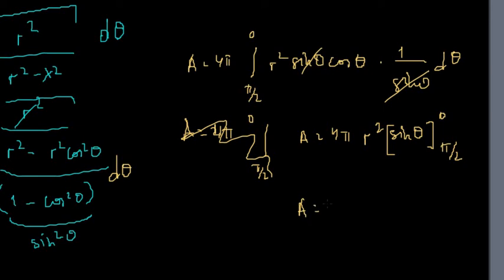At 0 it's going to give us 0, minus 1, so A is equal to minus 4 pi r squared.